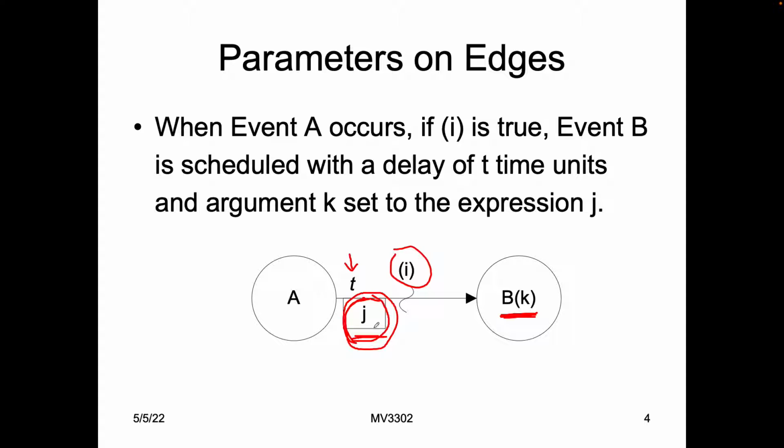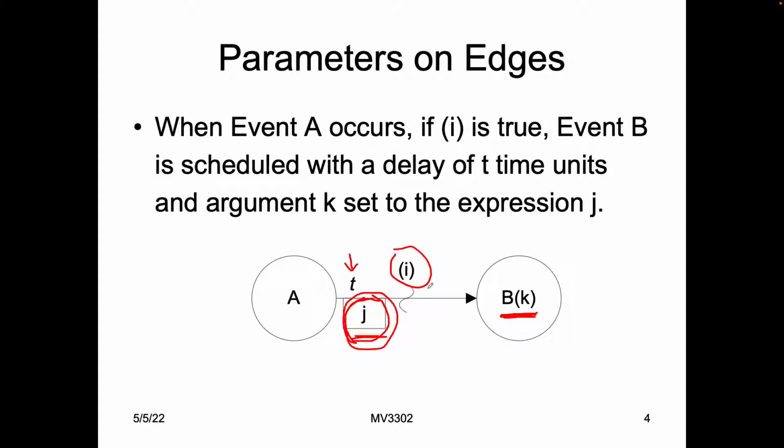Typically, if we're doing this, it usually doesn't make sense to pass a constant, because if I have a constant, I can just use that constant. Typically, it's an expression, and by expression, I mean it could be a single variable, or some combination of variables.